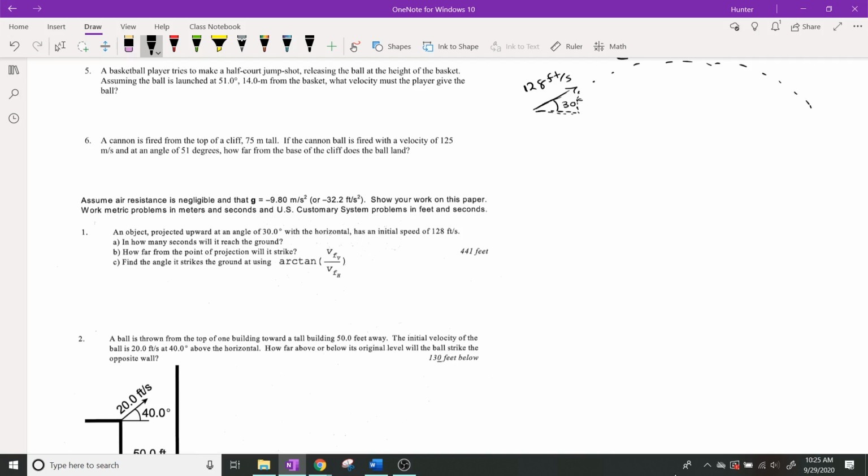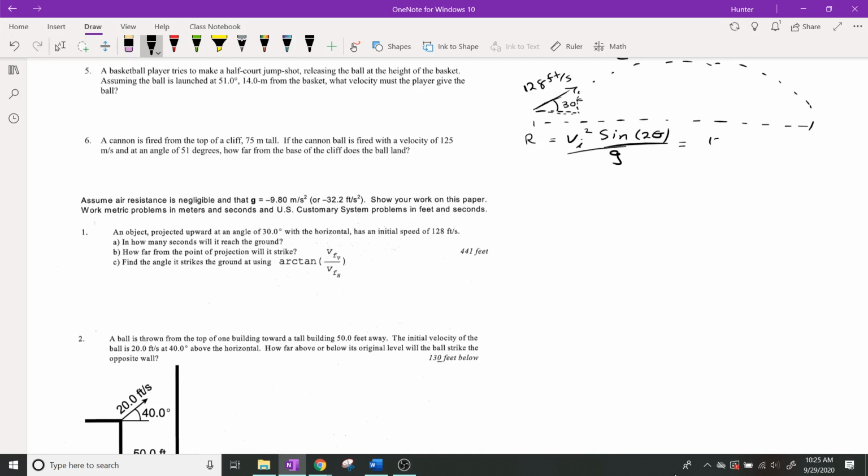If you have the speed and the degree, you can use the range formula. That's true. So do y'all want to use the range formula or do you want to DVAT? Smart. So the range, which is going to be the distance this direction, is going to be vi squared sine 2 theta over g, and we have all those.